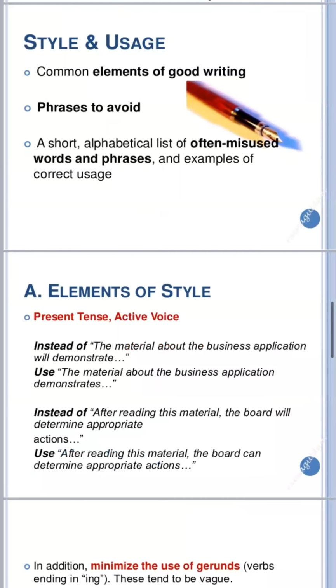Then if we are talking about style and usage of writing, we talk about common elements of good writing. We need to avoid the use of phrases. Phrases are basically short words, short statements. So don't try to use short words or short phrases in any professional writing.